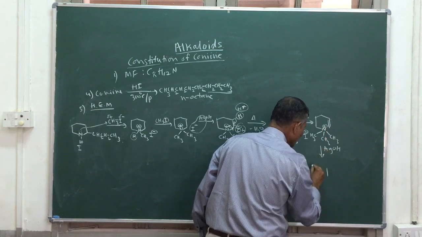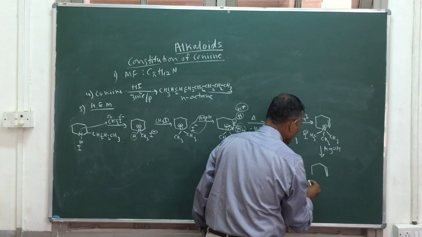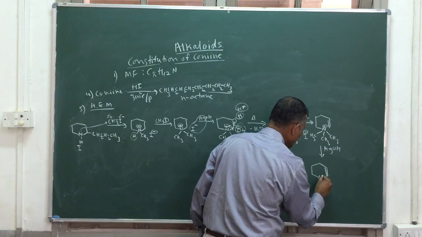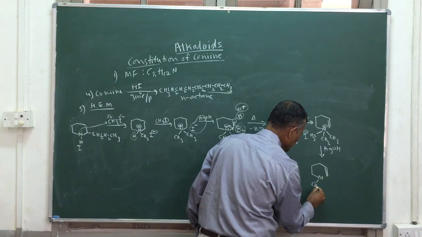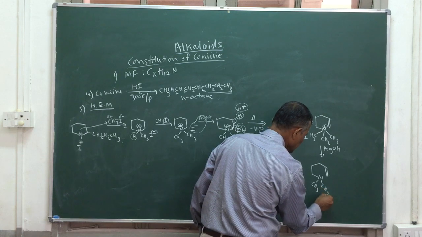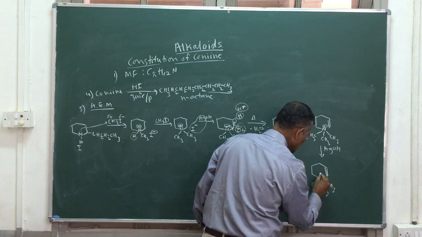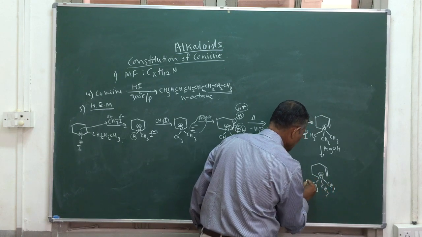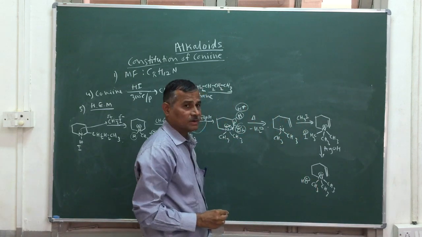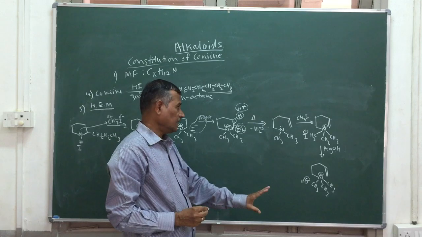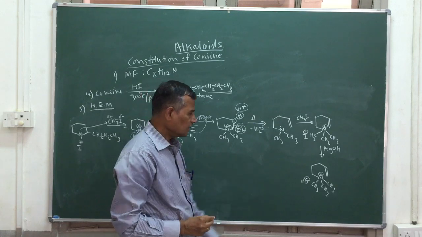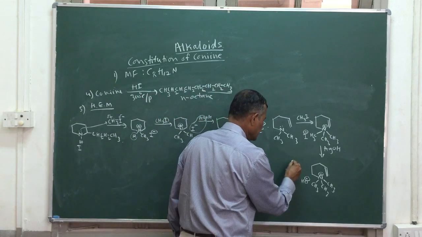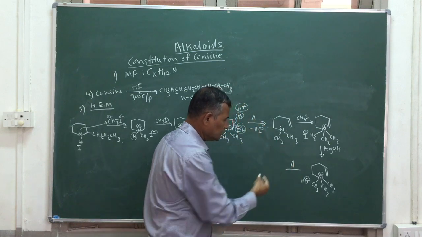Here is a double bond. Now you will get here again a CH3, a CH3, a plus, and an OH minus. That means quaternary methyl ammonium hydroxide. Further it should be heated, the same step.